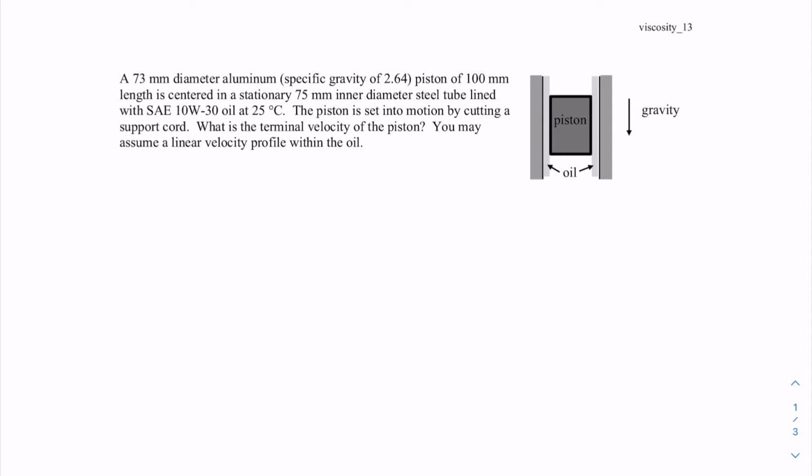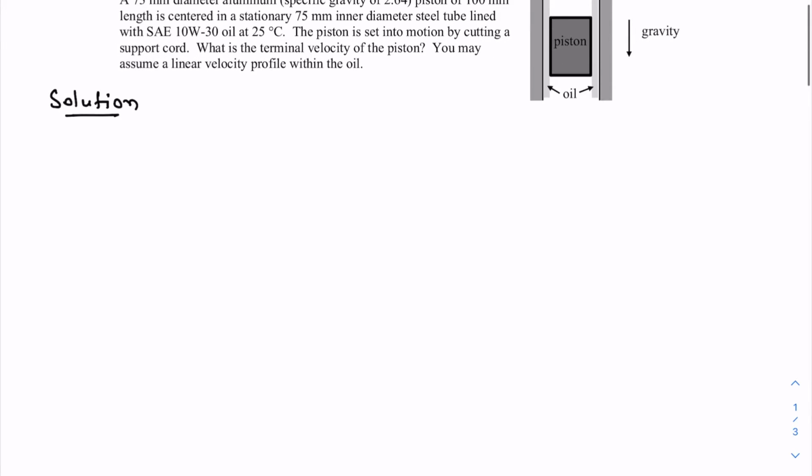So to solve this problem, let's just start with the free body diagram of this piston. Consider this to be the piston. Let's introduce a coordinate system. The downward direction is z, and since it is a cylindrical piston, this direction is r, and then we have polar direction theta.